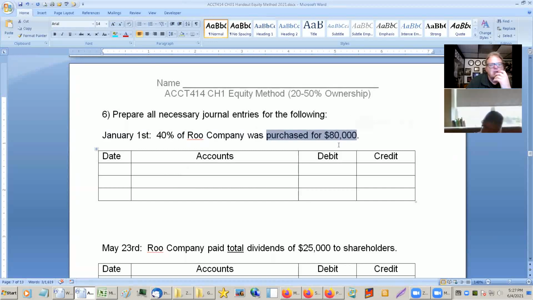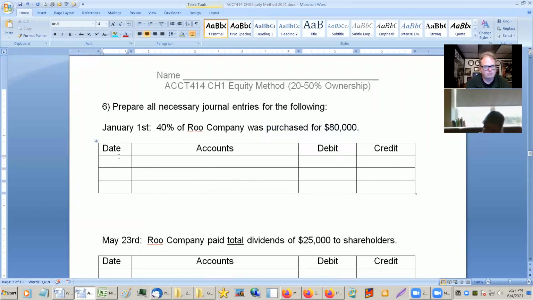Okay, so 80,000 goes in the debit as the investment equity account. And then cash goes down, it gets credited 80,000 as well. Yep. Because you are losing that asset, gaining the asset of the investment equity account.